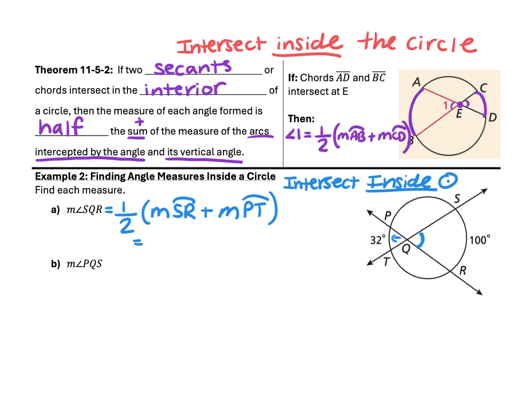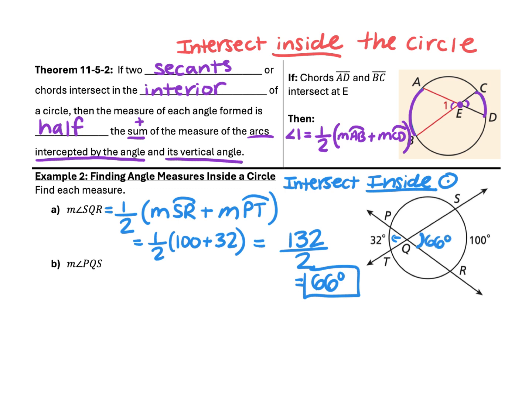Now let's just put our numbers in. We need 1/2 of 100 plus 32. Well, that's 132, and half of 132, we can take 132, divide it by 2, and that gives us 66 degrees.